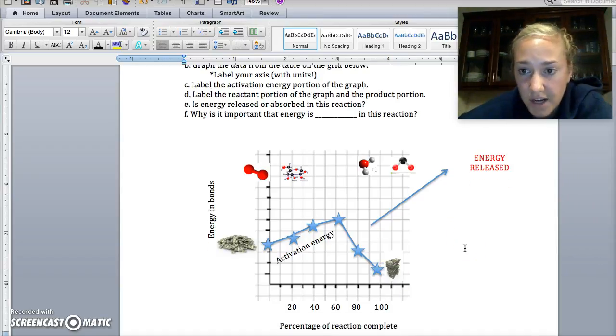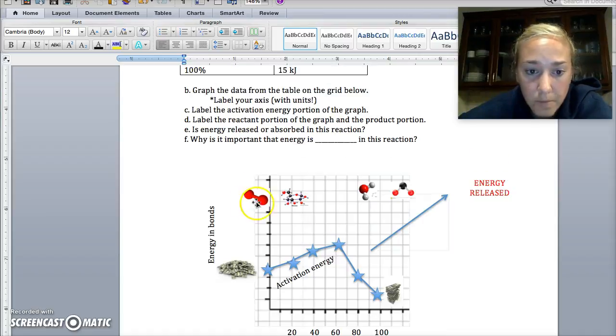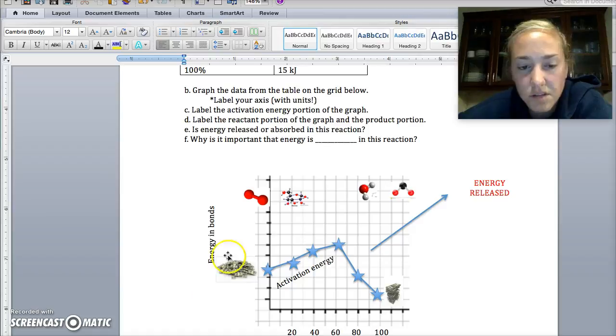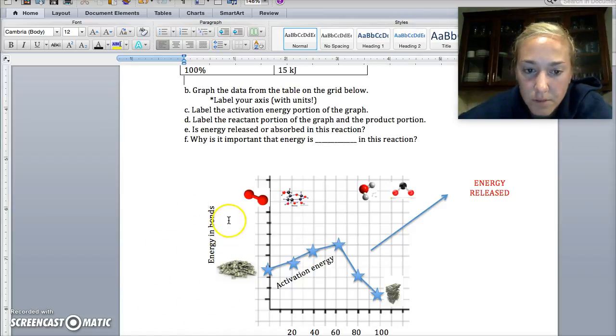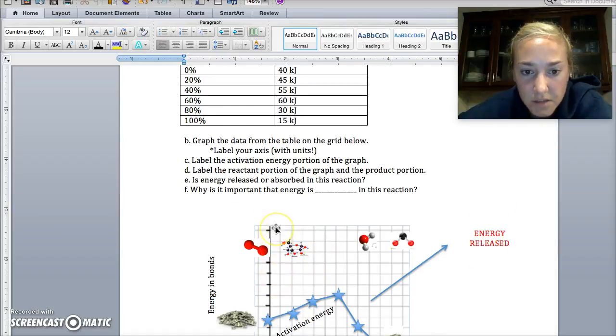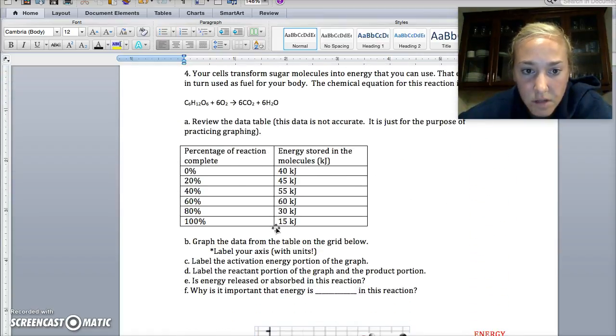Let's talk about what this actually means. So we're talking about energy in bonds. And it seemed like people were confused today, so I want to be really clear on what I'm talking about. We said that the reactants, if we look at our chemical equation, the reactants in this example are glucose, which is this molecule, C6H12O6, and oxygen, which is this molecule, 6O2.